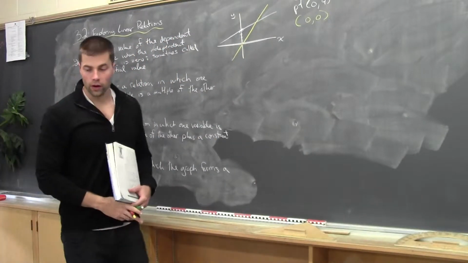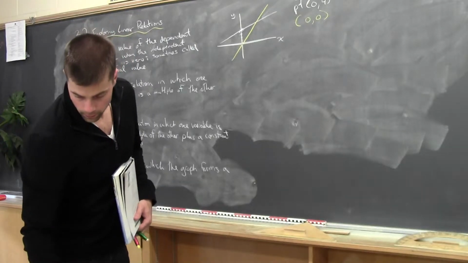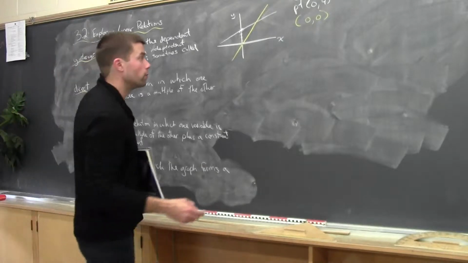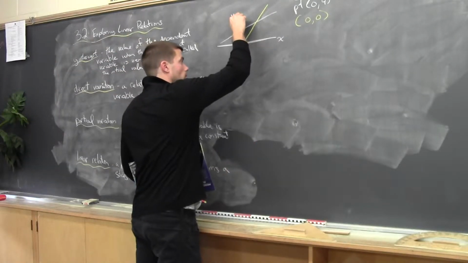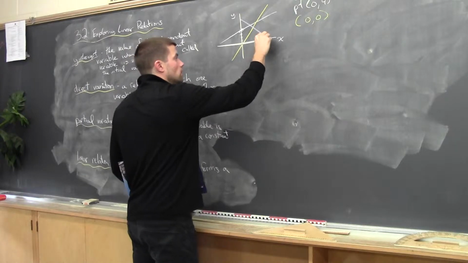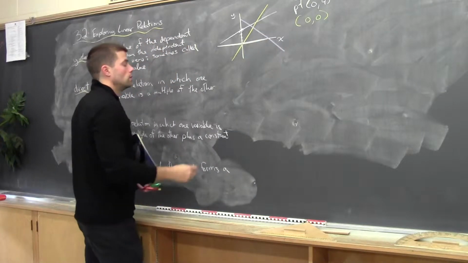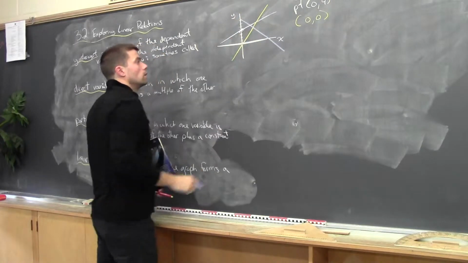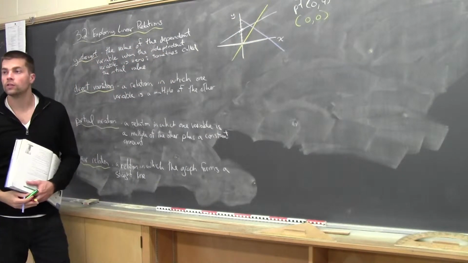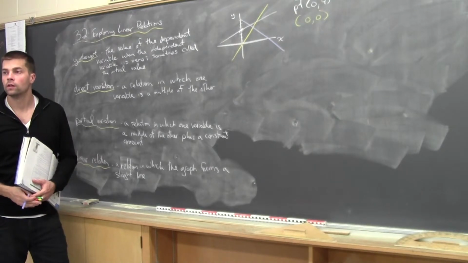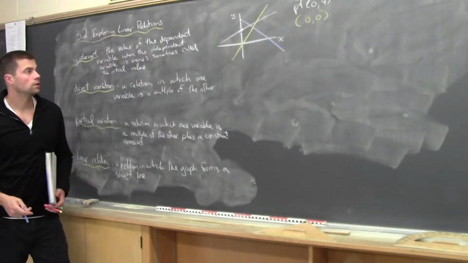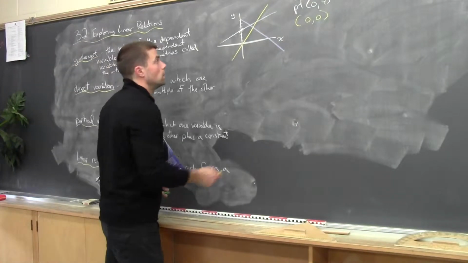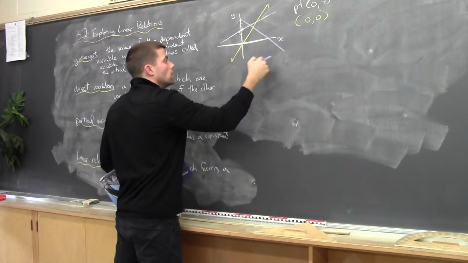If I had another graph, say blue, purple, like this, who can tell me what the y-intercept of that purple graph would be? Carlson? 7.